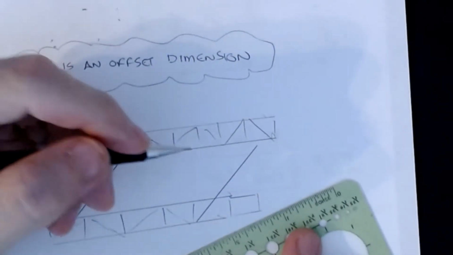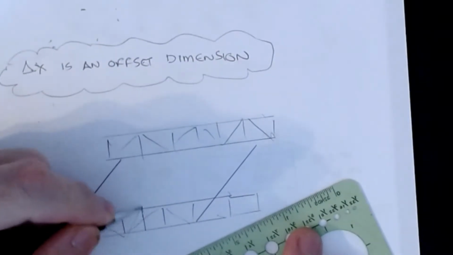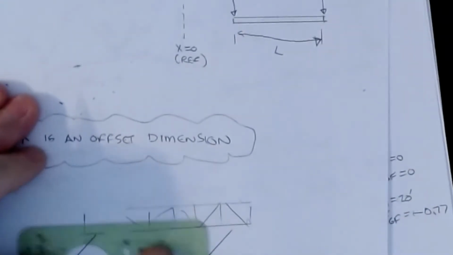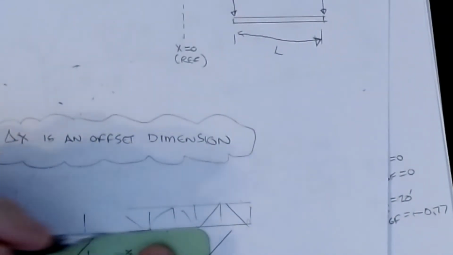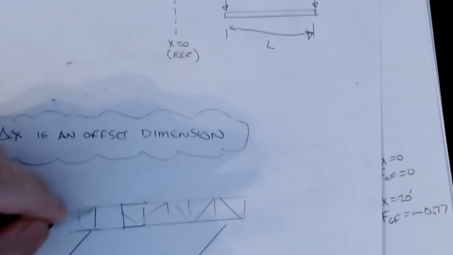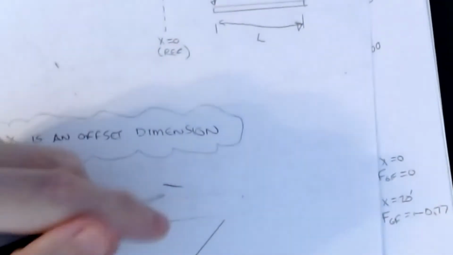But what happens is that, oops, I guess I should have one in here. Let's do this right. That's what I get for freelancing. Okay, and we're going to fix our section here a little bit. Instead of getting in a hurry, we'll do it right. This and this. So let's do this one, this one, this one. I just want to make sure everything lines up at the panel points.